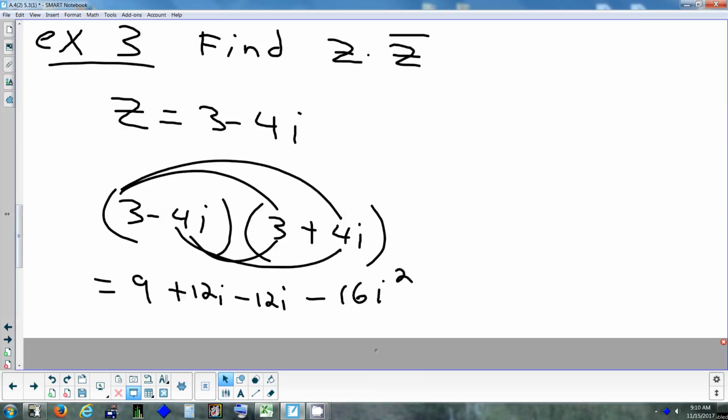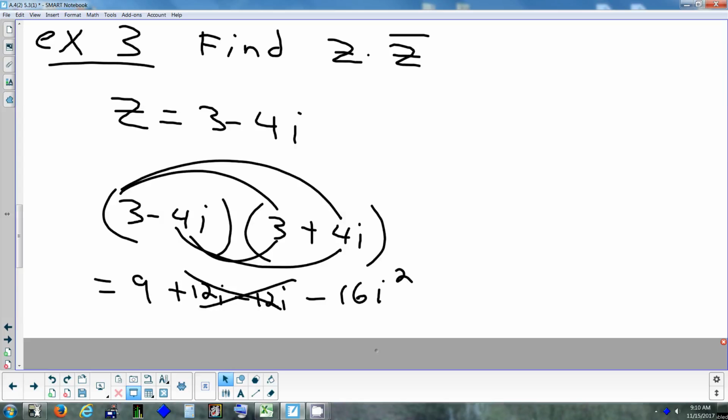Anything there that we can simplify? Something's going to happen, yep. 12i, negative 12i, what does it go to? Just i? Or would it be 0? 0, right? We have 12i, take away 12i, you've got 0.